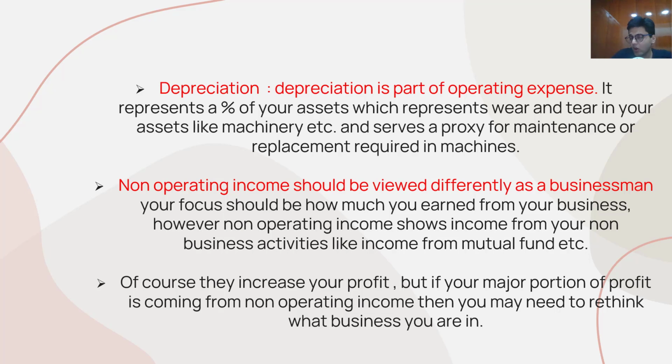Of course, these non-operating incomes do increase your profit. But keep in mind, if your operating income is low and your non-operating income is very high, or the major portion of profit is coming from non-operating income, then you really need to think what business you are in, because the operating income is actually low and the non-operating income is high. So whenever you're looking at your income statement, keep tab of your non-operating income.